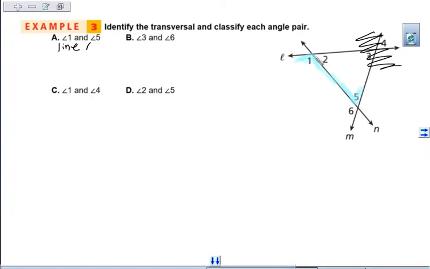That means that they are between line L and line M, and they are both interior angles for this example, and they're on different sides of the transversal. And I know that they are interior angles because they are between line L and line M, the two lines that are getting intersected. So angle 1 and angle 5 are alternate interior angles.